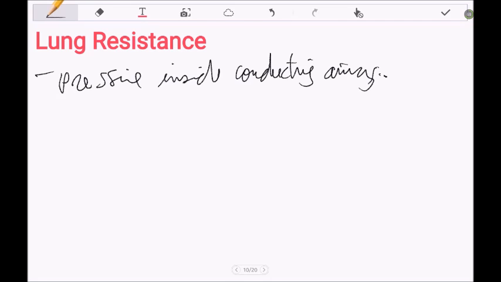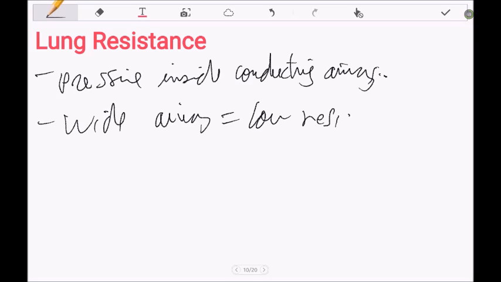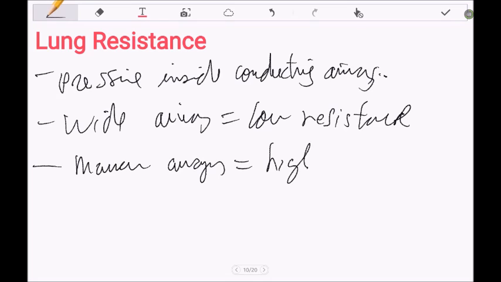There is an inverse relationship between resistance and airway diameter. Wide airways will lead to low resistance. It would make sense, right? Narrow airways will lead to high resistance.